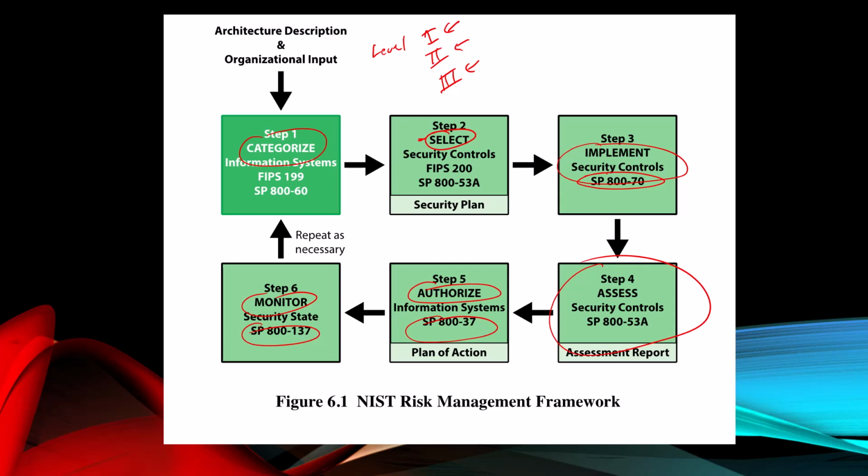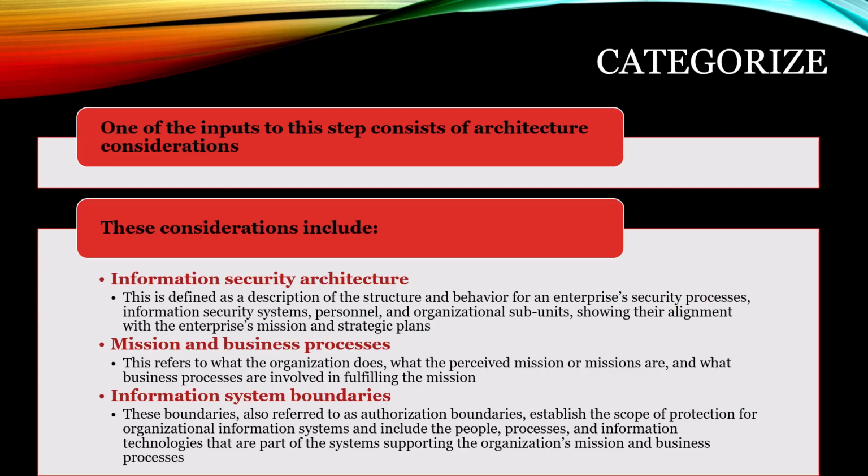You're going to notice that a lot of this is all about involving the life cycle to develop the appropriate controls for organizing the categorization of our information. So one of the inputs is architectural considerations.